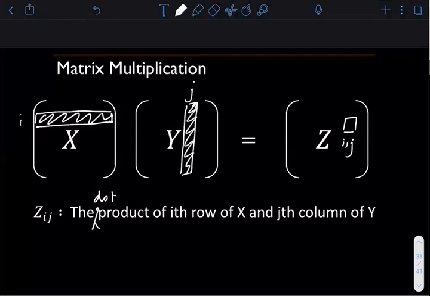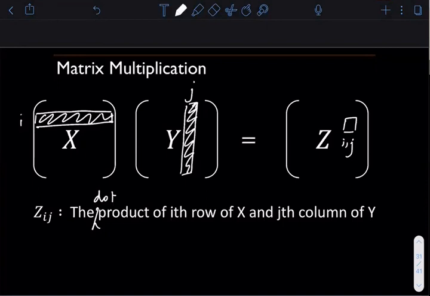If I want to figure out the Z_ij entry, all I need to do is find the dot product of these two vectors, because each row and each column is like a vector. That is the vectory way of saying it.